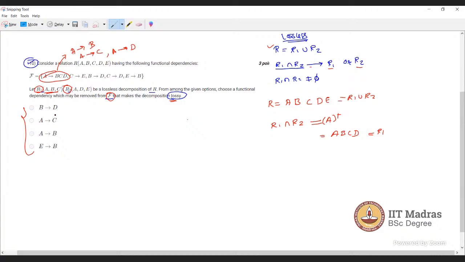C determines E, so basically if we remove A determines C, E is also no longer determined by A. So yes, it will make the decomposition lossy.